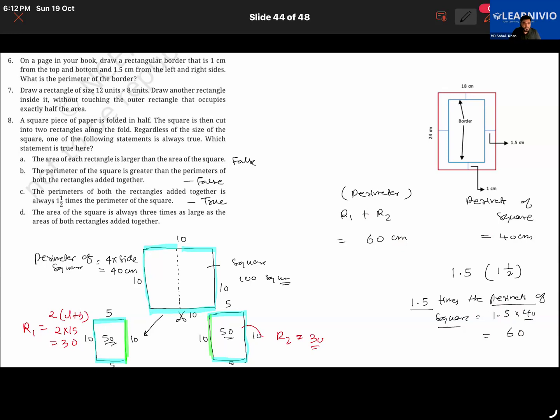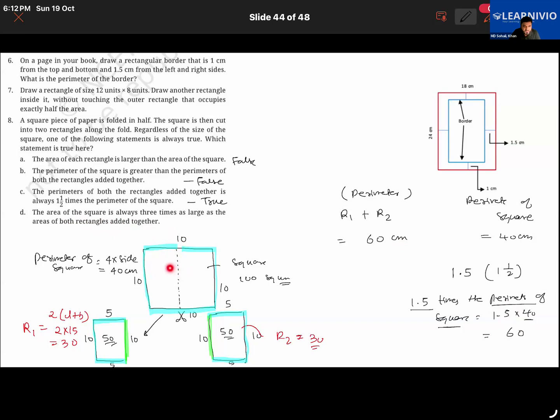Okay. Then, the area of the square is always 3 times as large as the area of both the rectangles added together. Okay, now let's read it again. It is saying the area of the square is always 3 times as large as the area of both rectangles added together. Obviously, that is false.